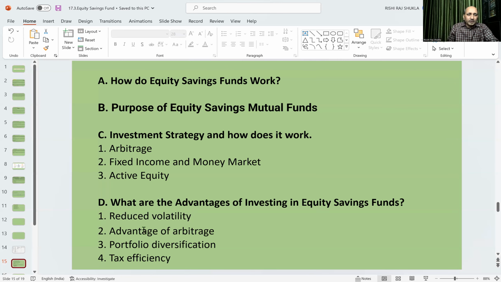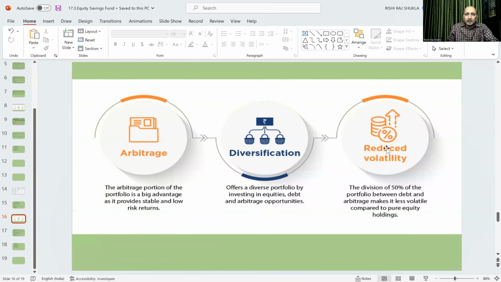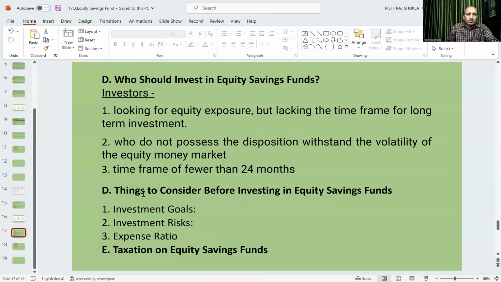These three advantages can be summarized as arbitrage advantage, diversification, and reduced volatility. Who should invest in equity savings schemes? All investors who are looking for equity exposure but lacking the time frame for long-term investment must invest in equity savings scheme.